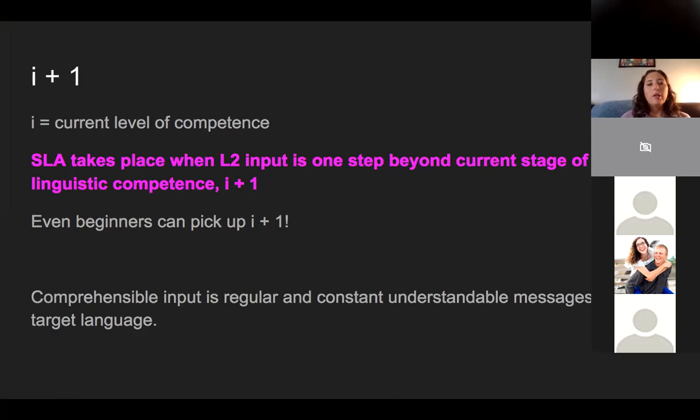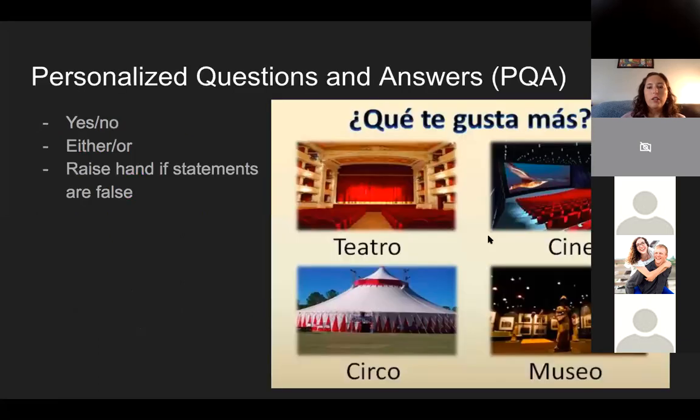So even beginners can pick up I+1 as long as it is kept very low and not I+10, because that's when our students' affective filters raise up really high, and we don't really have good results with our students. So comprehensible input is regular, constant, understandable, target language. So let's go into a couple examples.